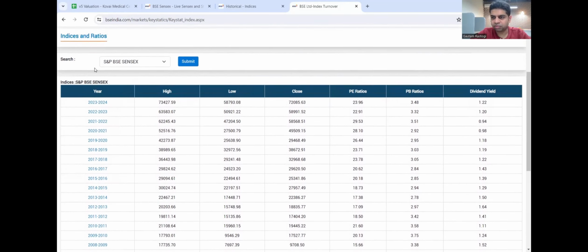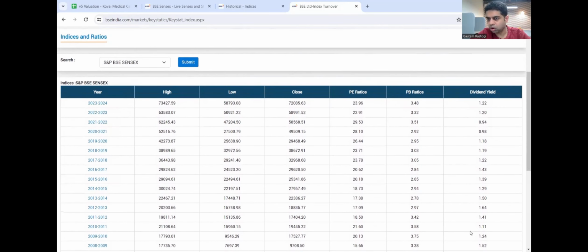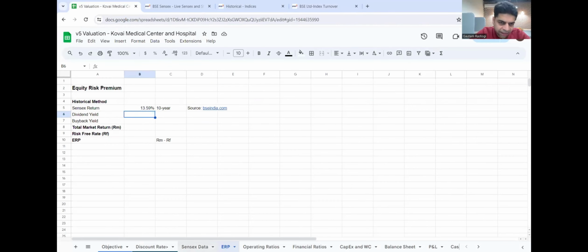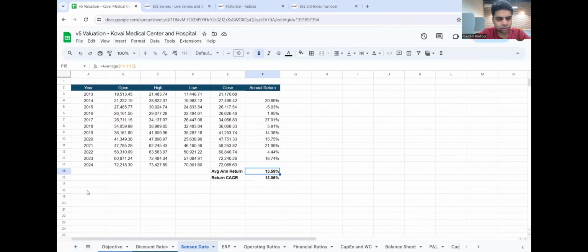Again, so you have dividend yields here on the right. Go up till 2013, 2014. Copy this and paste it in the Sensex data sheet.